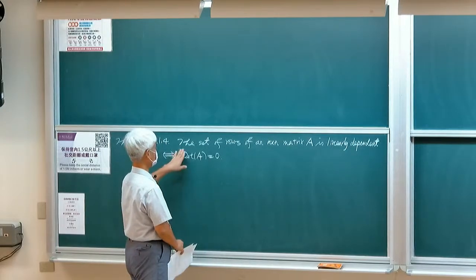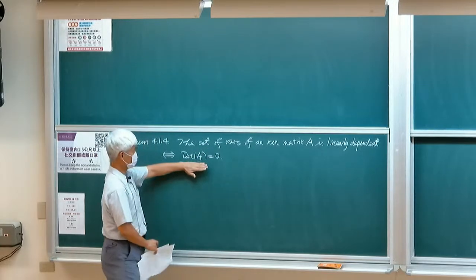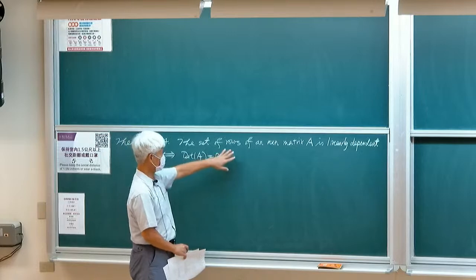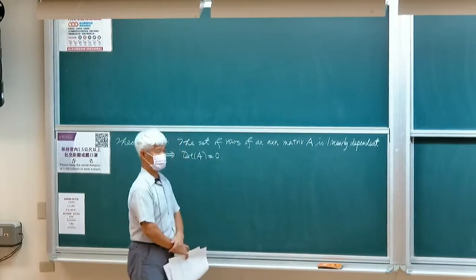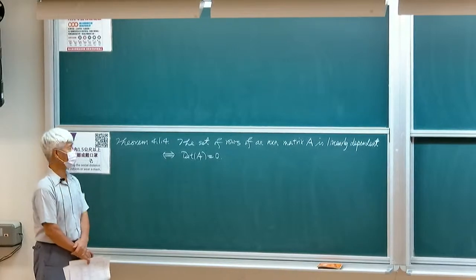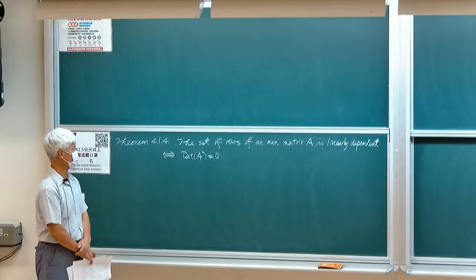And this is quite a nice property, because if the value of the determinant is 0, then we know the rows of the matrix A form a linearly dependent set.